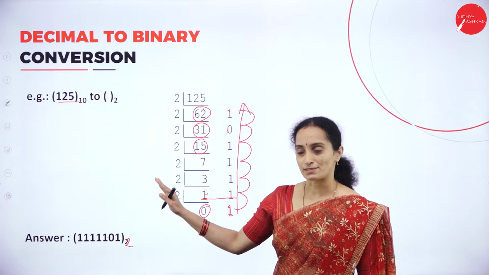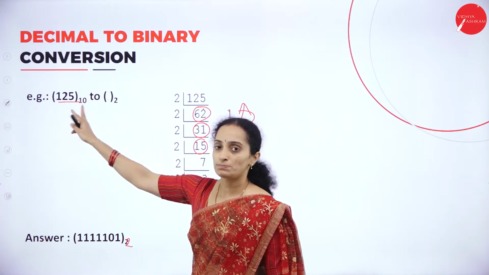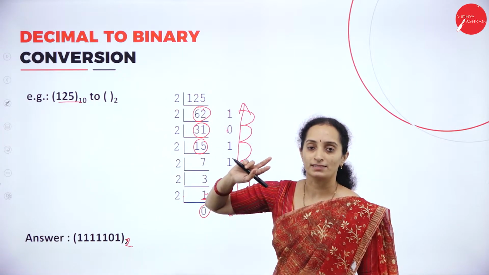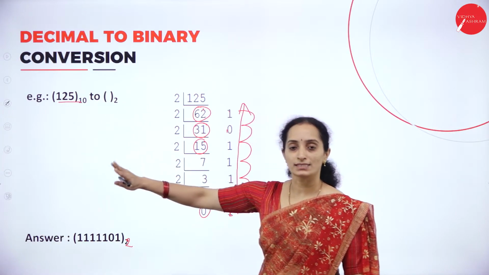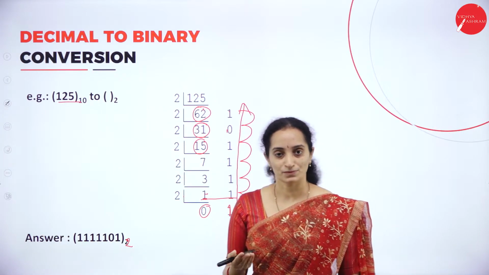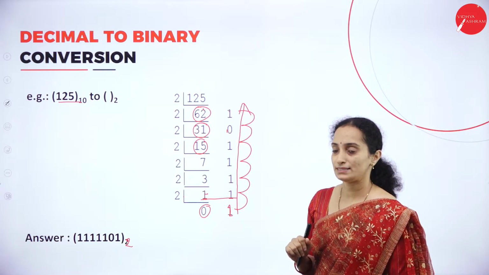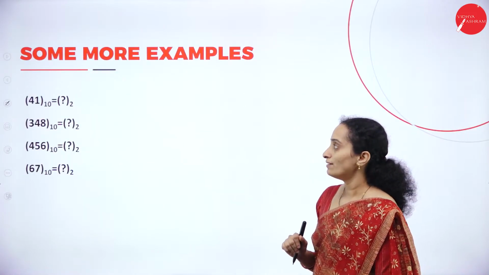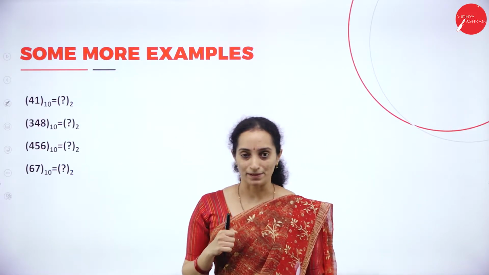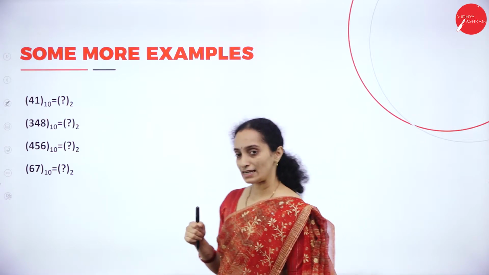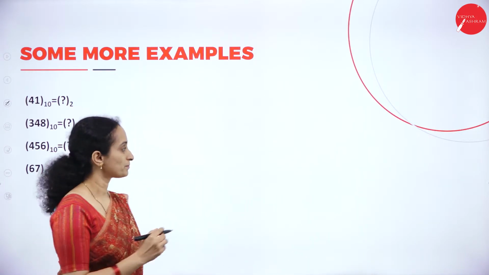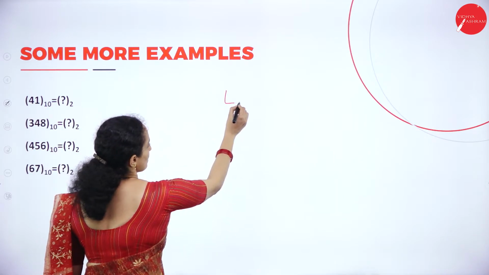The practice must be done to specify the base of the numbers: 10, 2, 16 or 8. You have to represent the base. Now we have a few more examples for this. I will try out the first one. Okay.